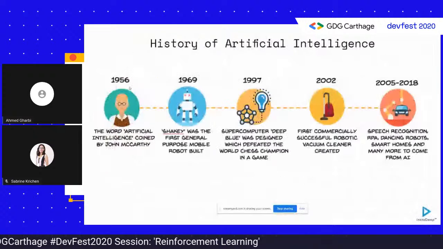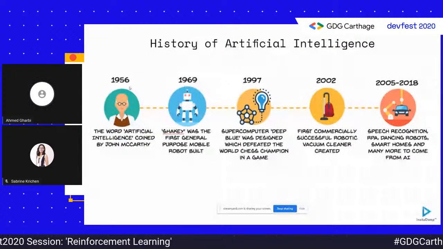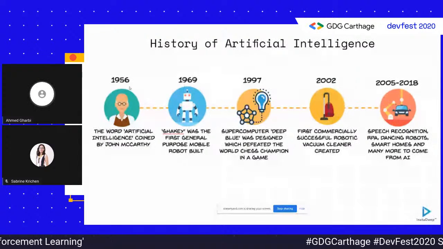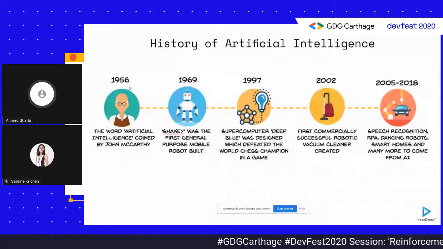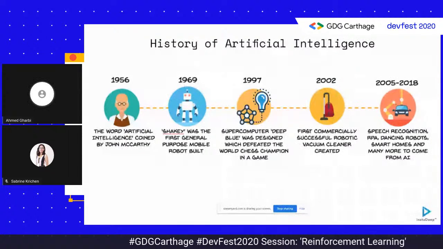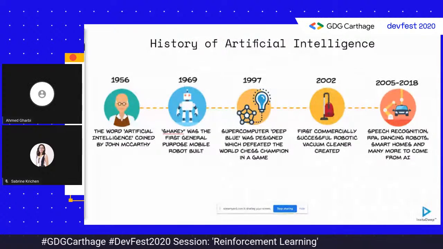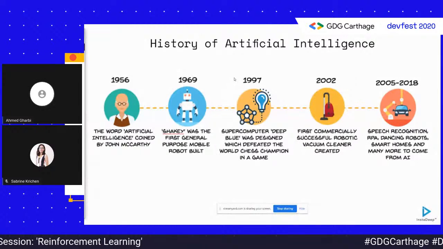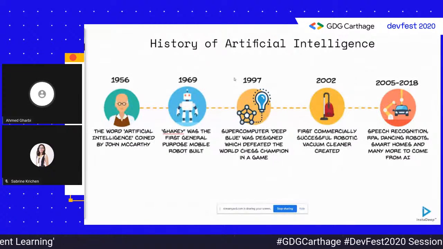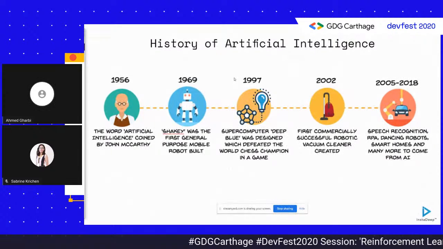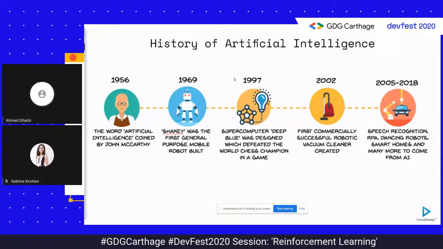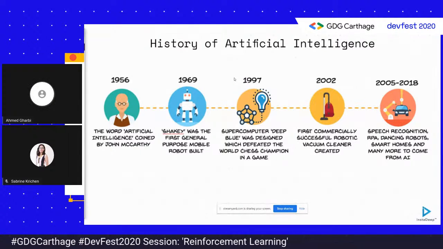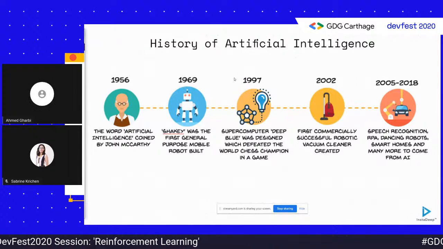Okay. So now we will present a brief history of AI. So the first time the word artificial intelligence appeared was in the summer of 1956. The term was originally proposed by John McCarthy in a summer workshop that was attended by top scientists and mathematicians of that era.